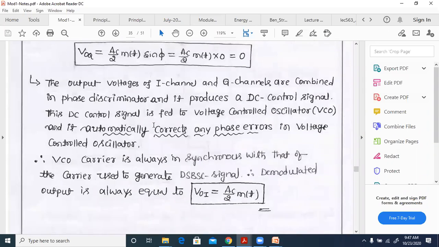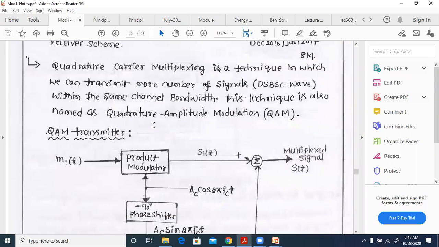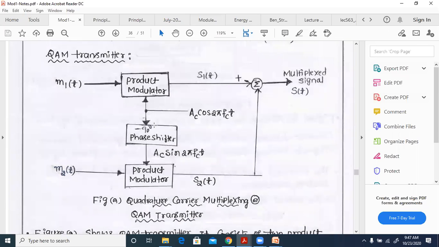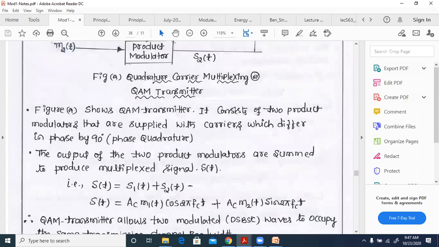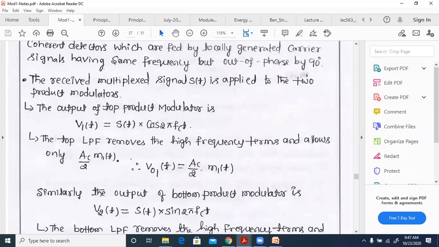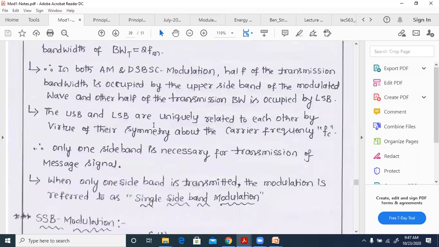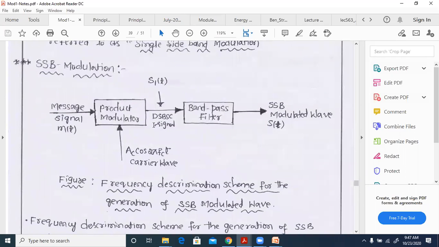We want it for SSB-SC. SSB-SC is here, SSB modulation. Okay, the frequency discrimination scheme for generation of SSB modulated wave is being mentioned over here, right?